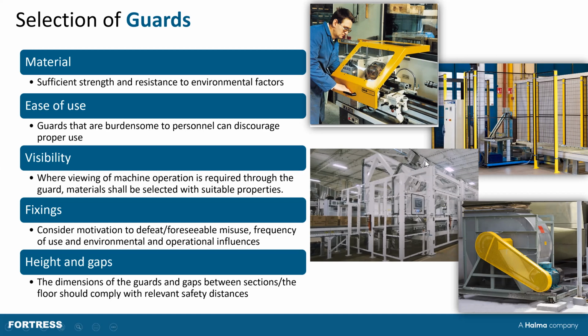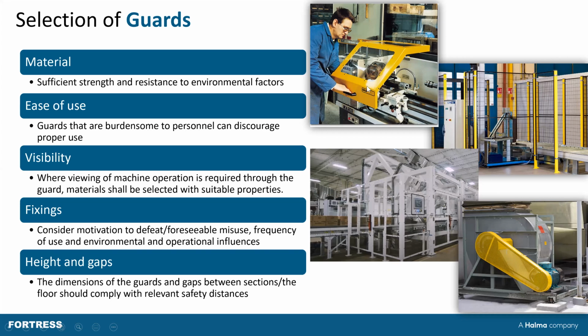Visibility, again, you can see here you've got a completely clear guard, which is great. If you've got dark mesh, you can see through it really well, as you can see in this picture. If you've got a light mesh and a really tight mesh as well, then you can't see as well through it. And sometimes that's really important, sometimes it's not. So on this one, it doesn't matter. But on this one, obviously, it's really important that you can see through the guard.